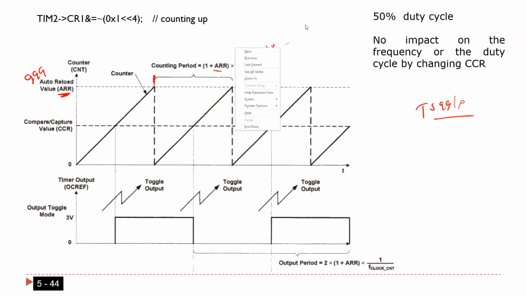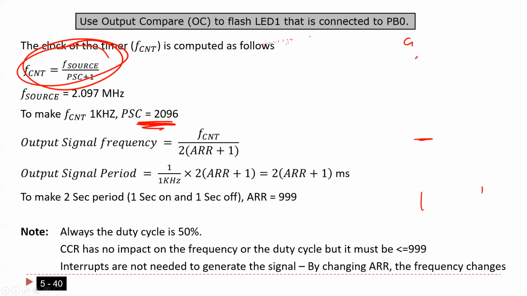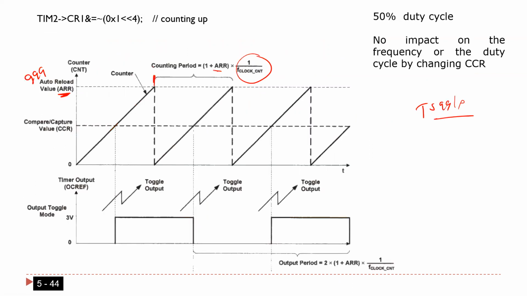Make sense? Yes, because you have to count from 0 until ARR, plus there is another one to go up. So the total time is 1 plus ARR times 1 over clock, which is 1 millisecond. Is that okay? Okay.